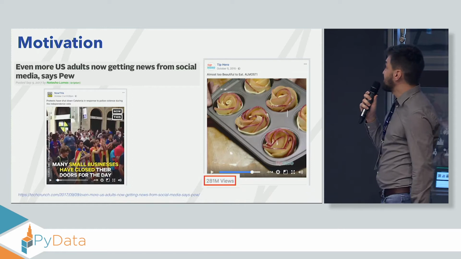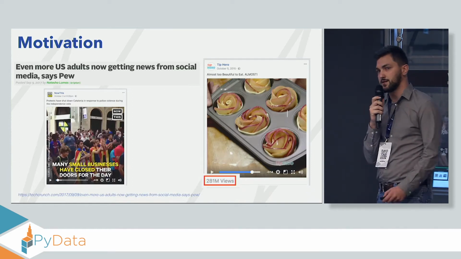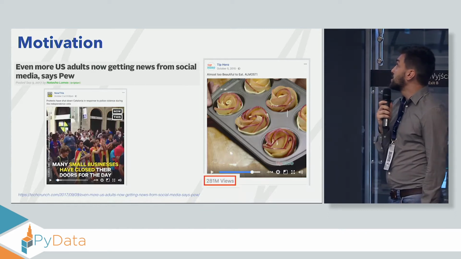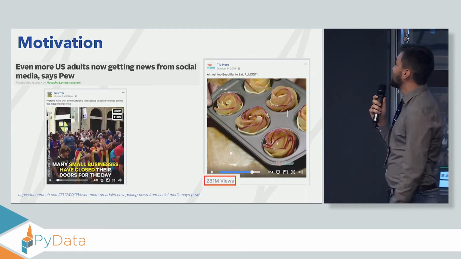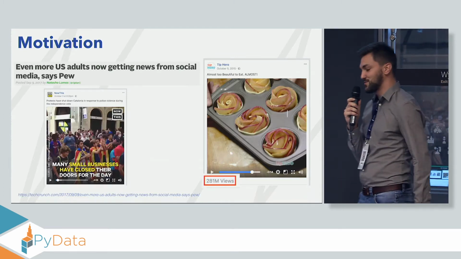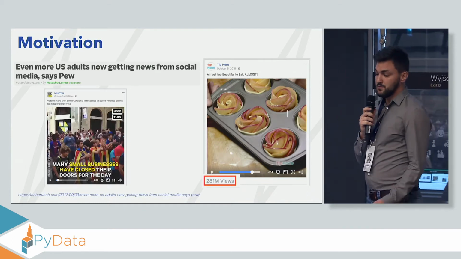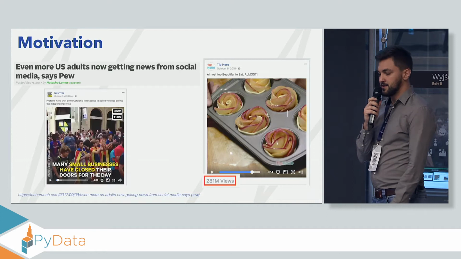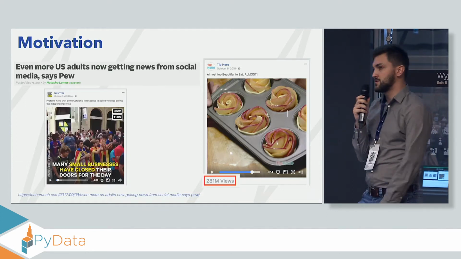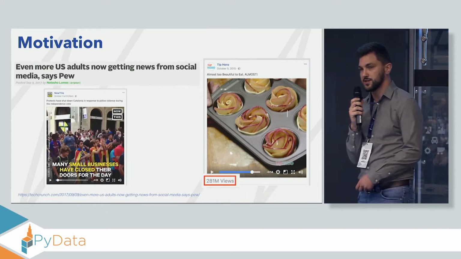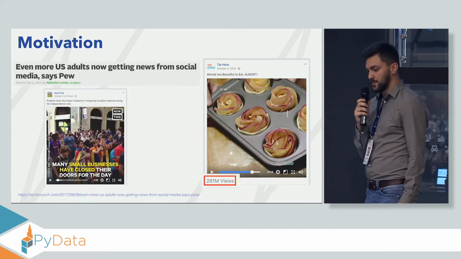And especially with videos, we can see that on social media sites like Facebook, they tend to go more viral and have more views, even if it's just, I don't know, a recipe. It can get over 300 million views. And we can perform this kind of analysis that will be useful for publishers, to make videos about what users respond to better. So there's a good business value here.